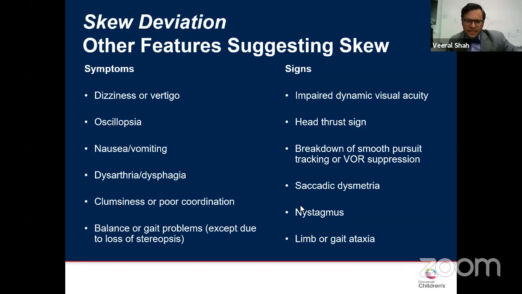Clinically, what you can see is saccadic dysmetria. You can see breakdown in their smooth pursuits. Nystagmus is quite common. If you really look closely, you can see a vertical nystagmus or torsional nystagmus come in. And clearly they have ataxia issues.